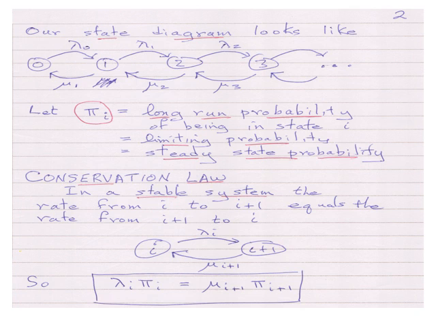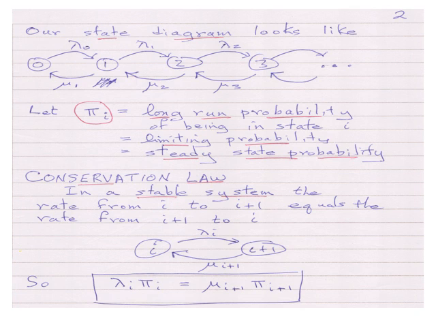So the overall rate from state i to state i plus 1 is the probability that you start there, pi sub i, and then you have a birth. And for the overall rate from i plus 1 to i, you have to start there, and then you have a death. So we get this expression here: lambda i pi i is equal to mu i plus 1 pi i plus 1. And we can actually solve using this equation.